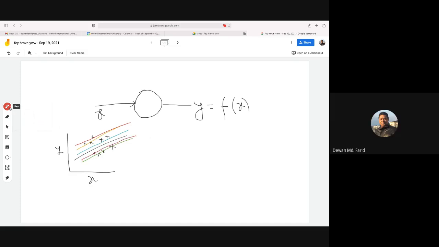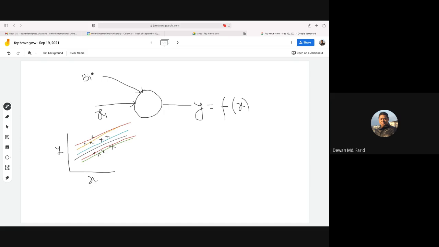Okay. So if you look at this neuron, we have an input. Normally we can say this is x or x1, whatever you like. For each neuron we have another input that is common to each neuron, and that is called bias.